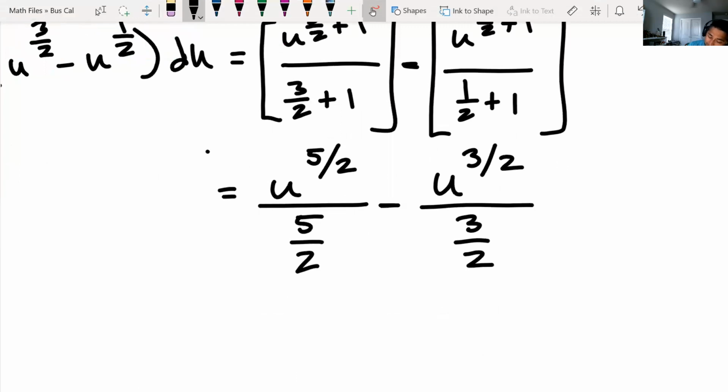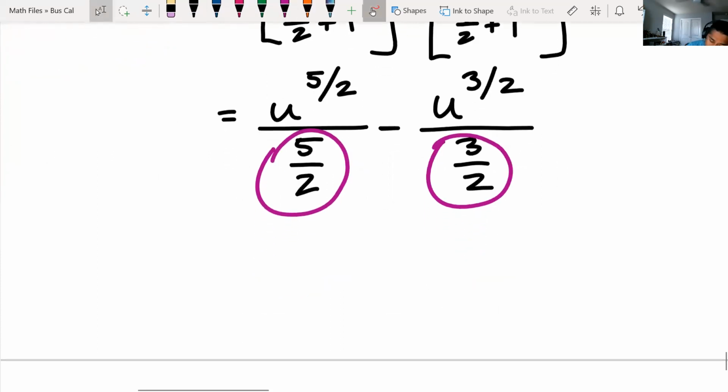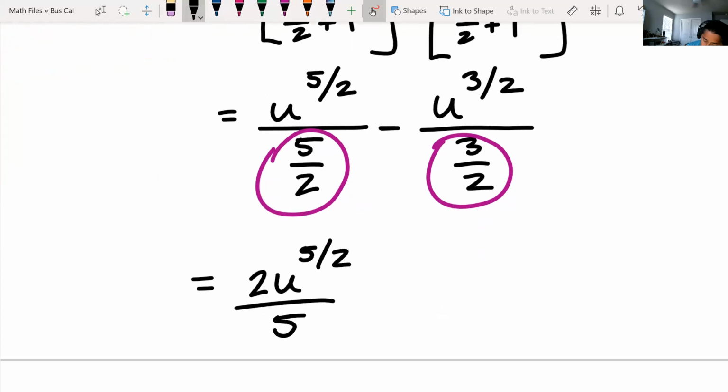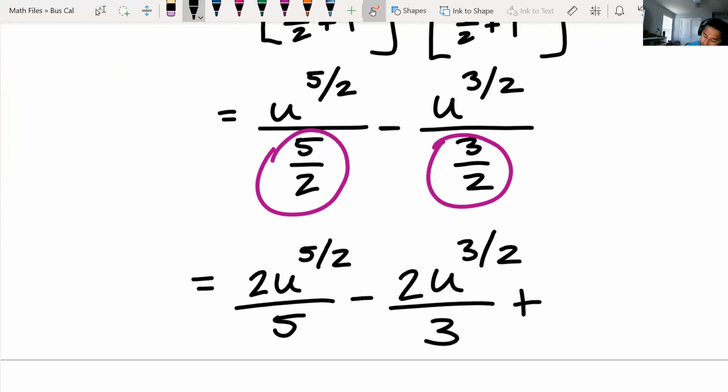And what do we do with these fractions? Flip. Flip, flip, Philadelphia. All right. So you get 2u to the 5/2 over 5 minus 2u to the 3/2 over 3 plus c. But what was u? X plus 1.